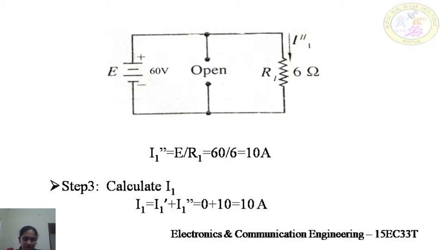The total current through 6 ohm resistor is calculated by adding the two currents I1 dash and I1 double dash. I1 dash direction is the same as I1 double dash. Therefore, the total current through 6 ohm resistor is equal to 0 plus 10, that is equal to 10 ampere.